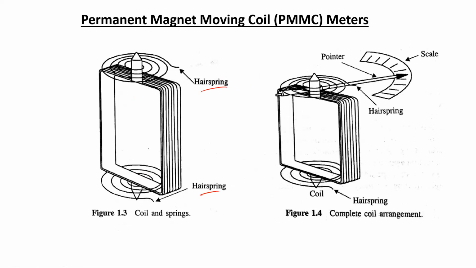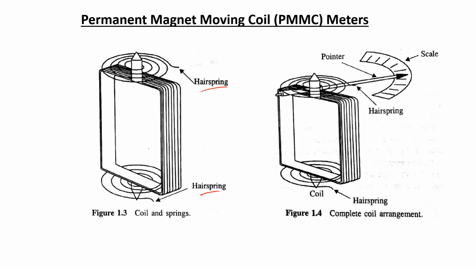When the coil is carrying some current in presence of the magnetic field, it is going to experience some force, and the resulting torque will cause it to deflect. This deflecting torque is going to deflect the coil in a particular direction. Now the task of the springs would be to provide an opposing torque, so that torque would be against the deflecting torque.